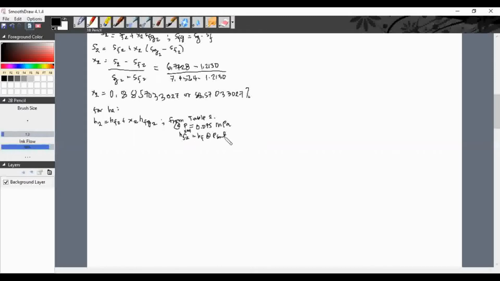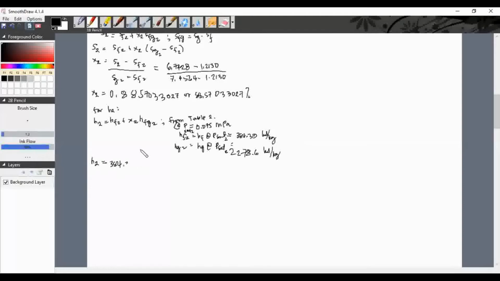Which is 384.39 kilojoules per kilogram. And then we have HFG2, that is HFG at PSAT at point 2. So this is 2278.6 kilojoules per kilogram.